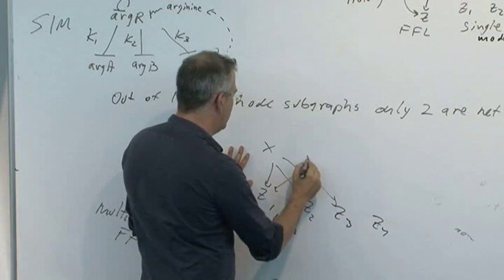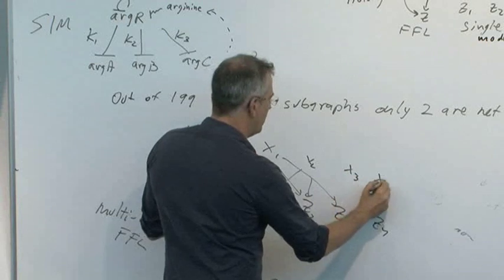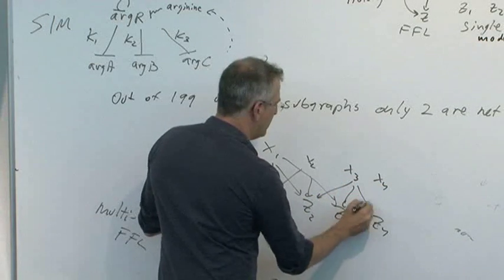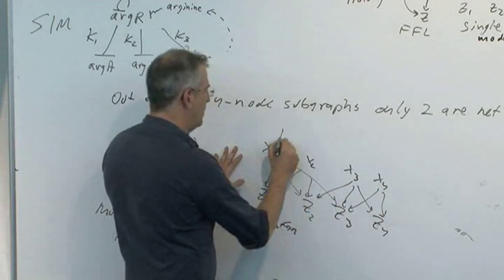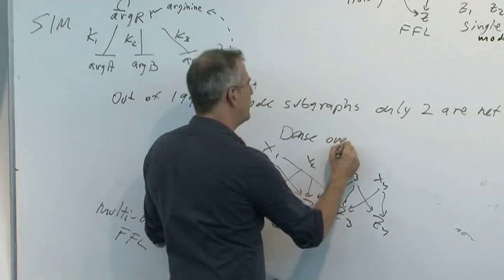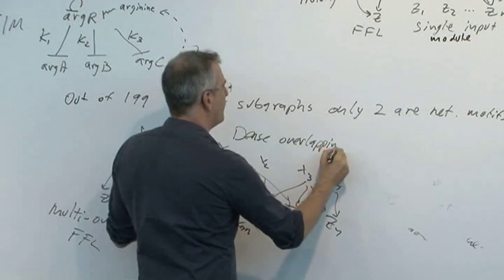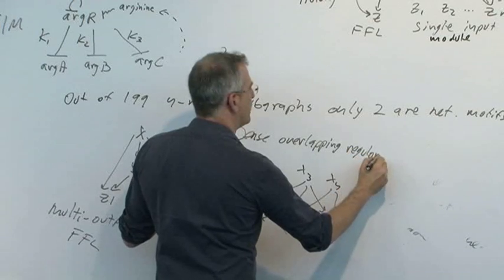So I'm going to write x1, x2, x3, x4. You get these big guys here, dense overlapping regulons.